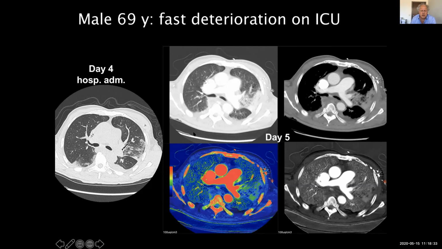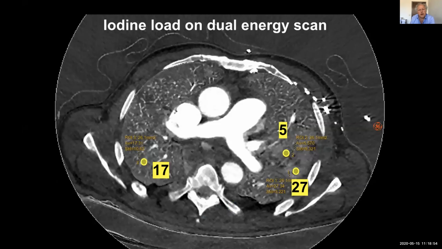And this was a contrast-enhanced CT because, due to this really fast deterioration and oxygen problem, we thought maybe he had some pulmonary emboli, some clots in the vessels. There were no clots seen on this CT scan, and we did the dual energy CT. On dual energy CT, you can measure the iodine load, so the contrast going into the tissue.